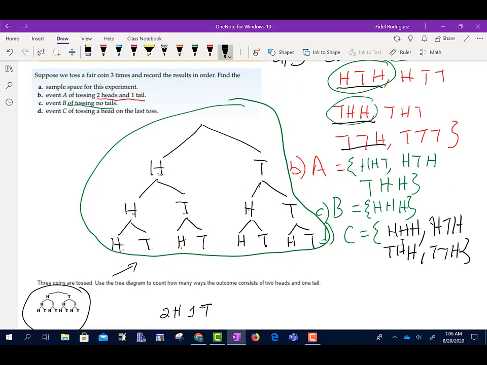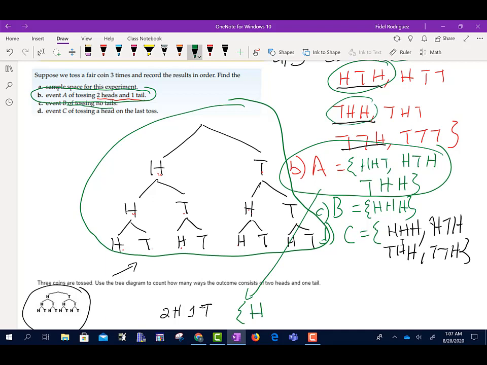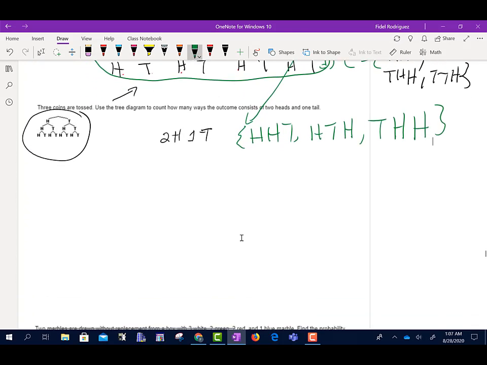If I want 2 heads and 1 tail, hey, didn't we do that in part A already? 2 heads and 1 tail? Yeah, we did. So this answer would actually be the same thing here. Heads, heads, tails, heads, tails, heads, and tails, heads, and heads again, right? Okay, so we'd actually already done that one there.